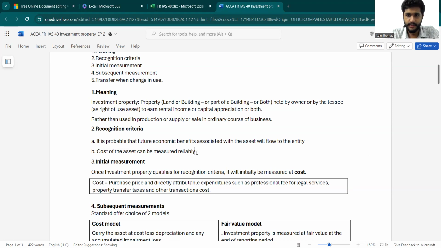This criteria is same as IAS 16, but the thing we need to have in our mind is the purpose of the property.